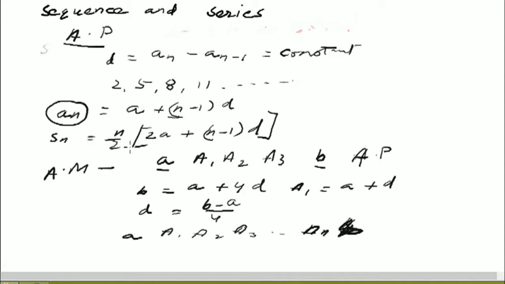Now we see how, after inserting these, we can get the values of the different AMs. The basic thing all the time you have to remember, again and again I am saying, is that inserting the AMs makes the series an AP. So in the previous example we inserted n AMs, and we got it.